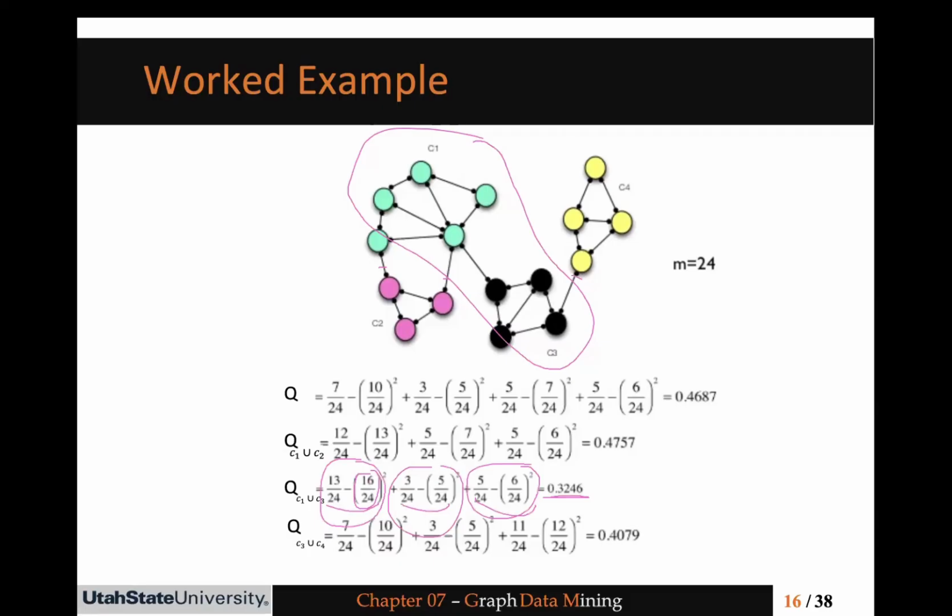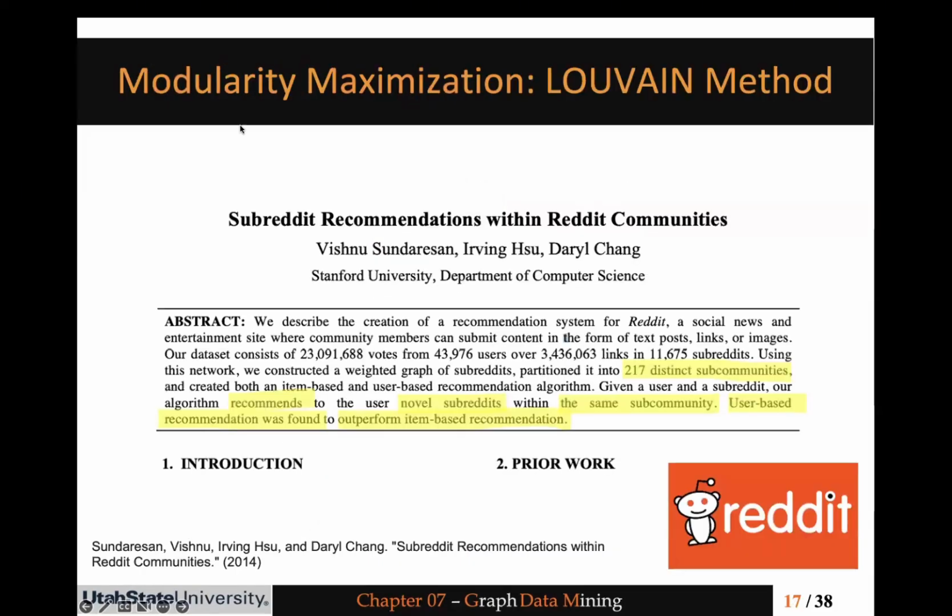So 0.32 is kind of at the verge of a strong community. It still kind of makes sense because your yellow and your pink communities have been detected well, but the fact that you're merging the green community and the black community together does not really make sense, and therefore it is not a better community detection than just having them as is from the very start.